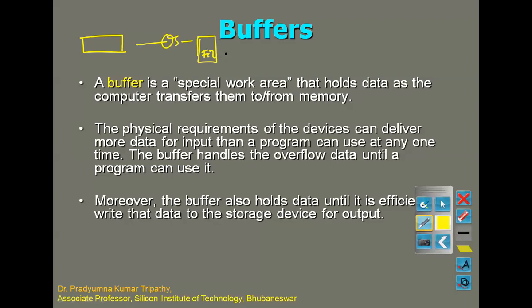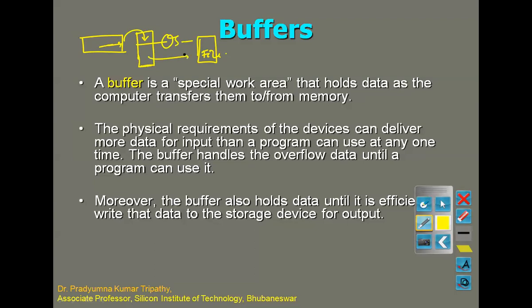But there might be a speed mismatch between these two, so we can always introduce a buffer over here. The data that enters from this device will go through this buffer, and from the buffer it can be transferred. So a buffer is like a small storage area.